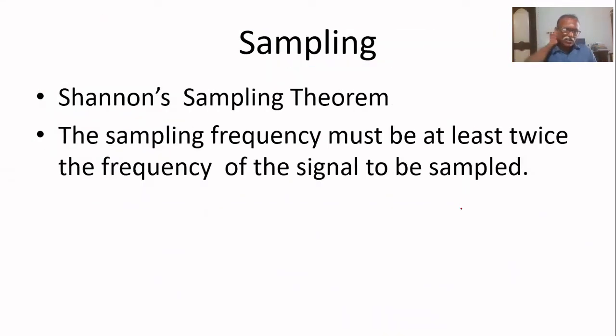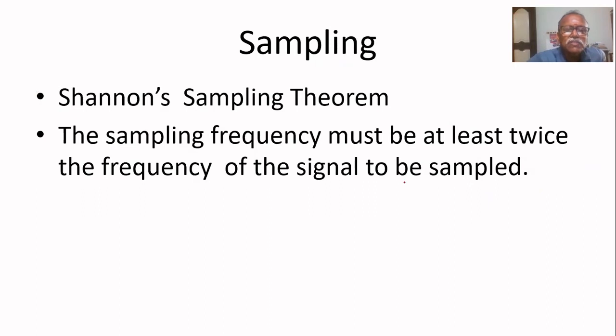So generally, what is the rule to select the sampling period? That is Shannon's sampling theorem. So far we said sampling period. If you take the number of samples per unit time, then it is called sampling frequency.